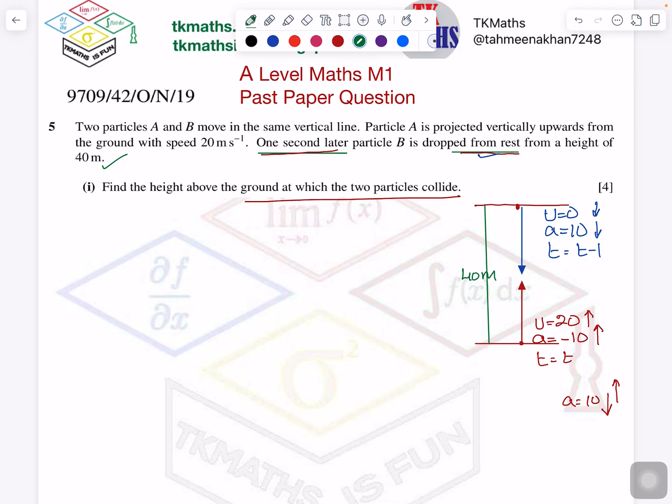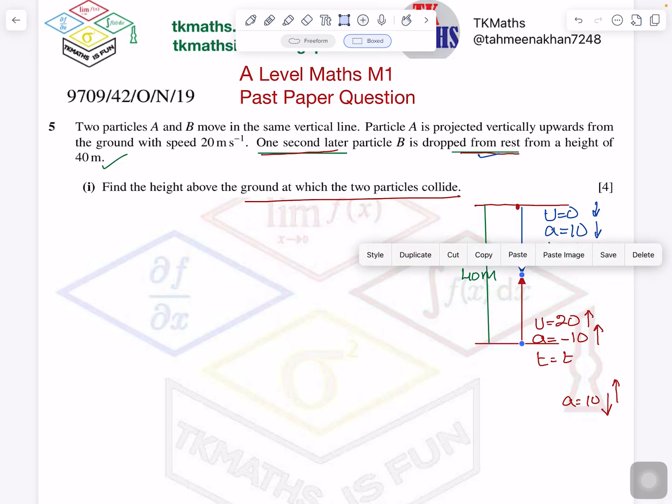So now I have to find the height above the ground at the point where they will collide. What will be the same at that point? Where they will collide, the height from the ground is the same, right?